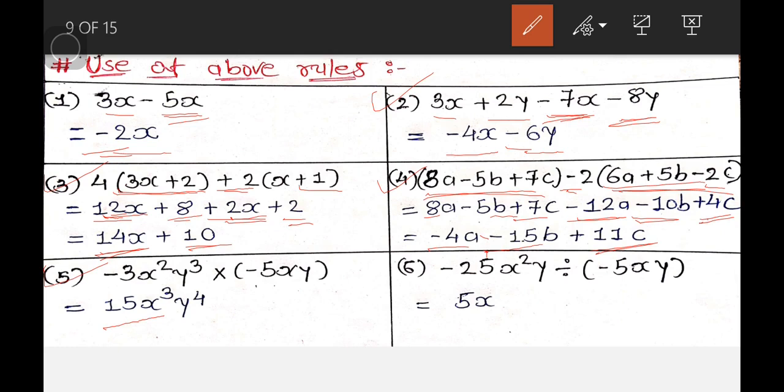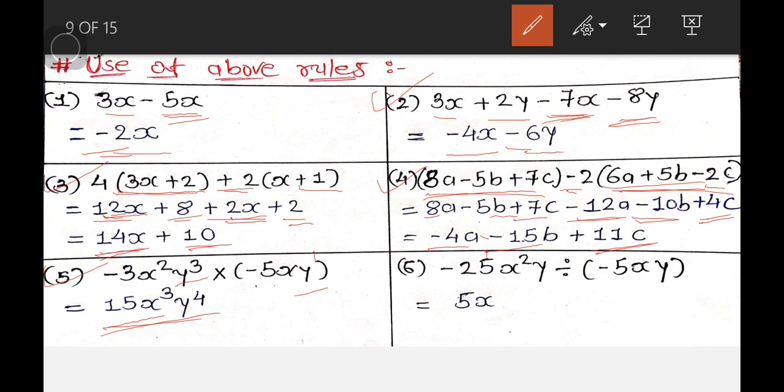In the first term y has power 3, and in the second term y has power 1. Then we do addition, 3 plus 1 equal to 4. Then we get the answer 15x cube y raised to 4.